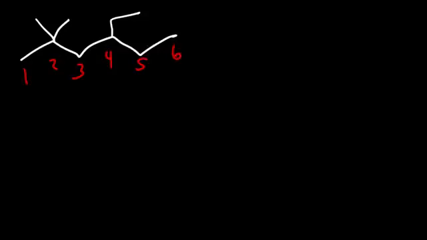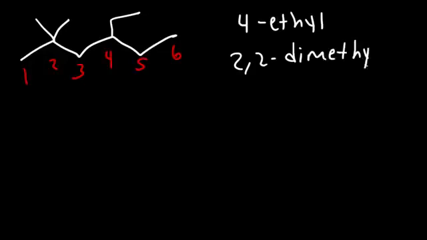Now let's go ahead and name it. So we have an ethyl on carbon 4 and 2 methyls on carbon 2, so that's a dimethyl. Now, how should we name this?